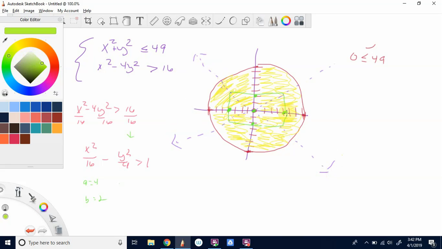It's going to go from the vertex, right? Not the foci. The foci is going to be inside the U. Oops, I drew this wrong.